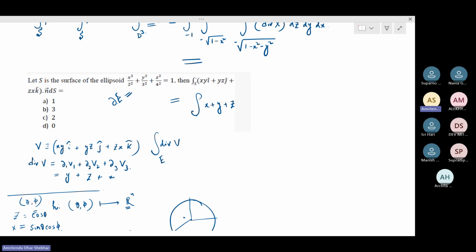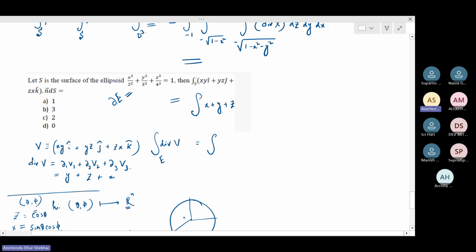So, well, how do you do it? If you set y, z both equal to 0, then your x will vary as follows.